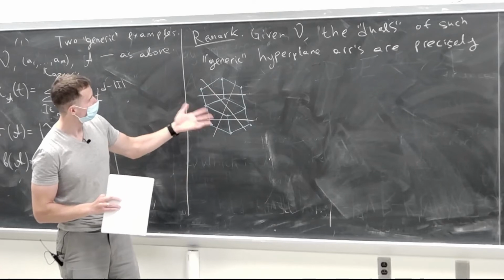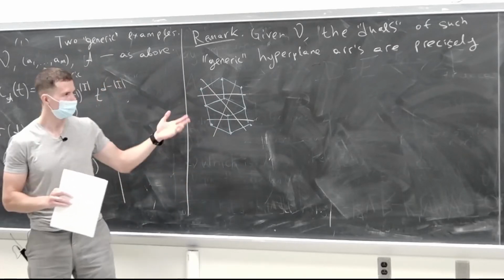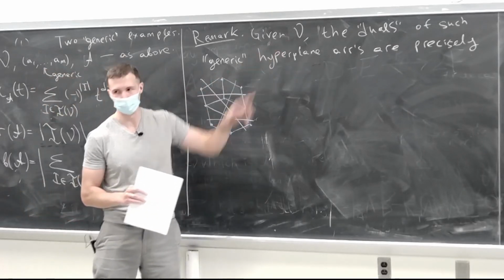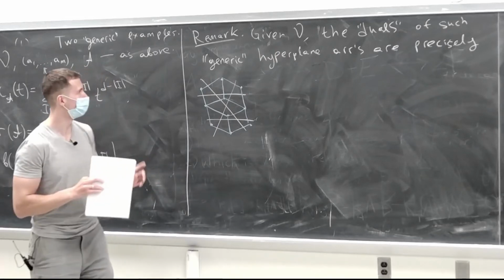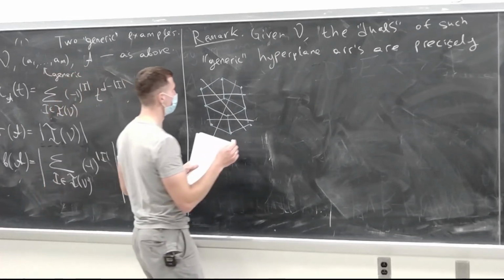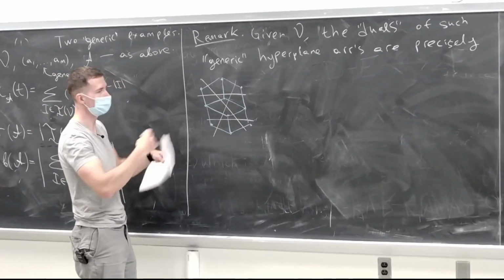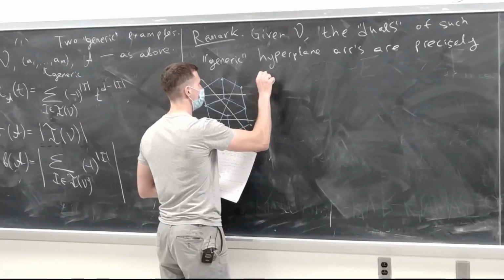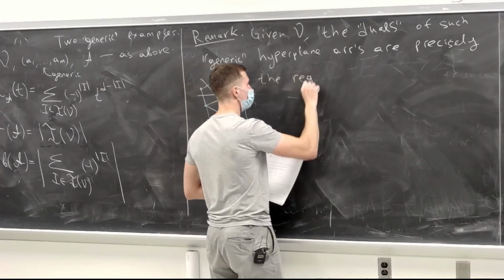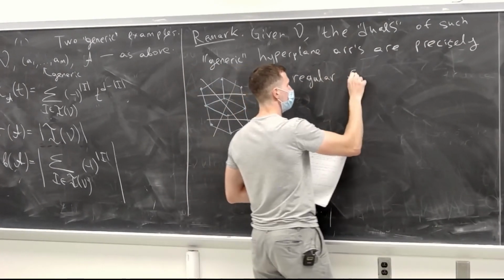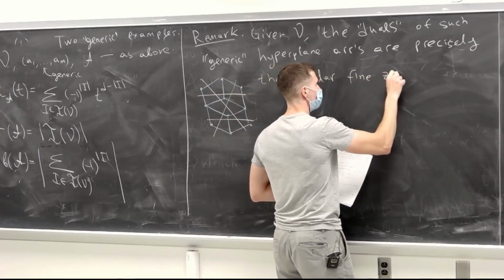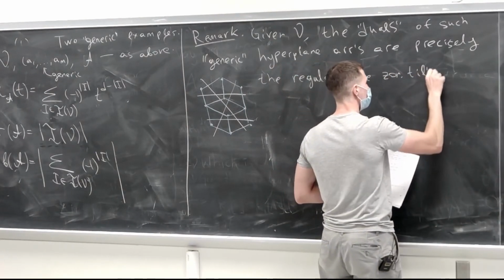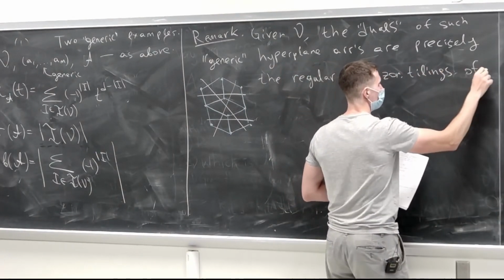Okay, right. So the dual has to be a zonotopal tiling. The dual is a zonotopal tiling of this zonotope is the answer, but not quite. The actual answer is that what you get is precisely all possible regular fine zonotopal tilings of the corresponding zonotope.